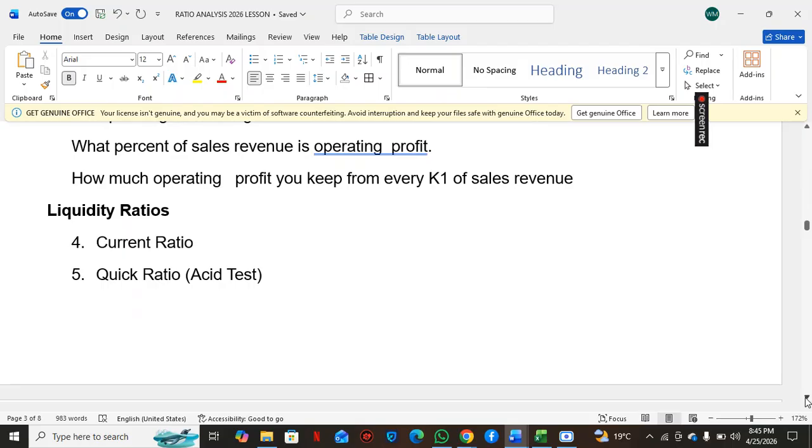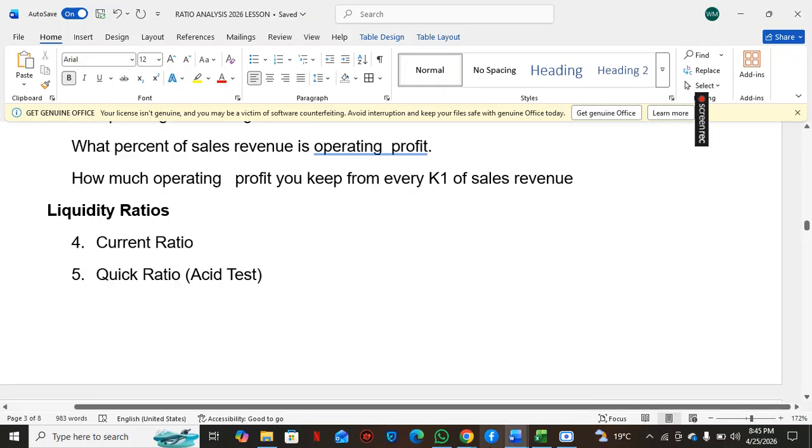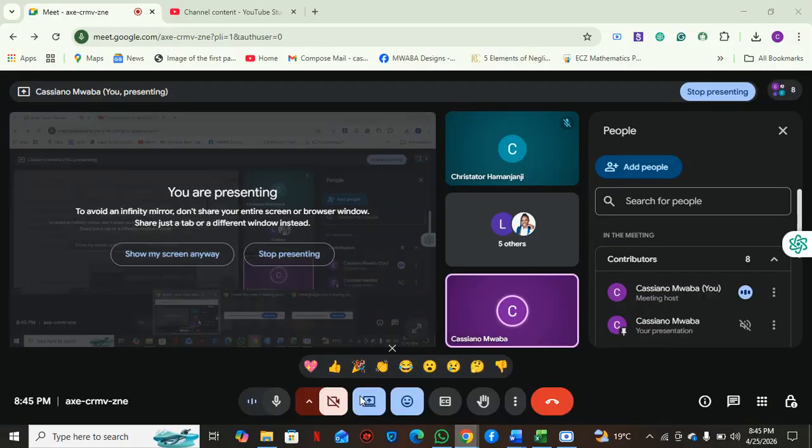Next, we're going to go to liquidity ratios. Liquidity is just converting your current assets into liquid cash so that you can pay for expenses and liabilities when they fall due. Basically, having enough cash available so that if expenses fall due, you're able to pay for them.